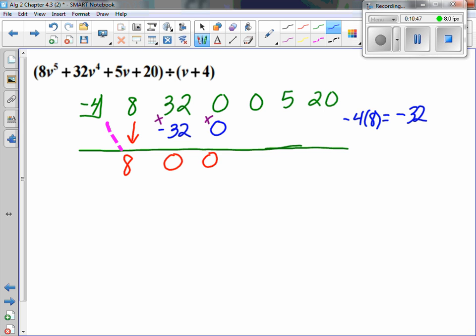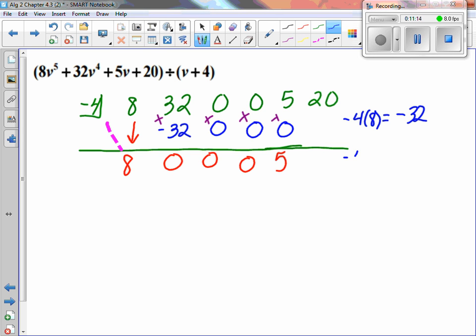Negative 4 times 0. Add. Well, negative 4 times 0 again is going to give me 0, yes? 5 plus 0 is? Okay, now we're going to do our multiplication again.